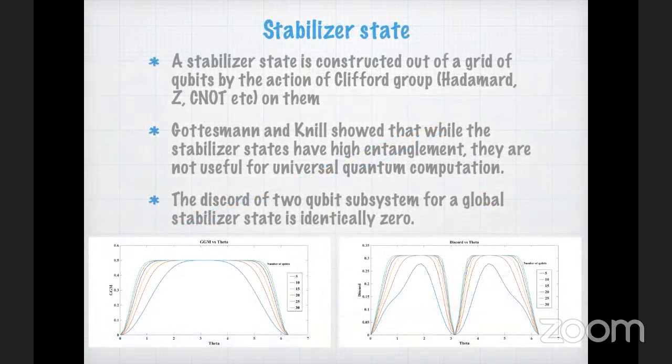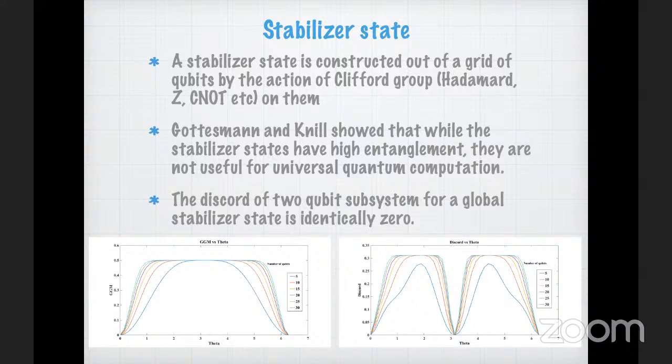Okay. And what was interesting was the point theta equal to pi, wherein discord vanishes but GGM continues to be high. What you realize is that at that point the graph state or the cluster state that we are considering becomes a stabilizer state made up of only Clifford operations, because your control phase for theta equal to pi becomes a member of the Clifford group.